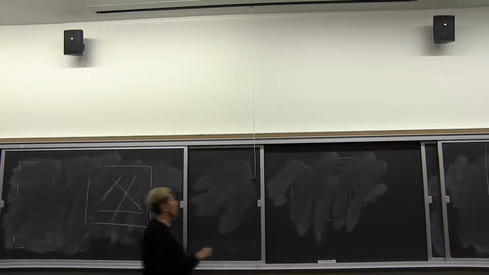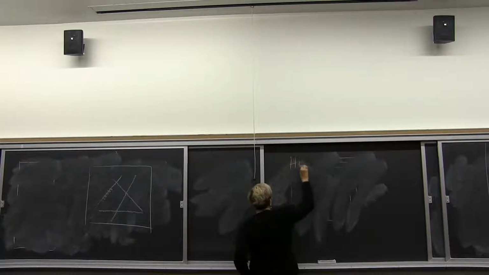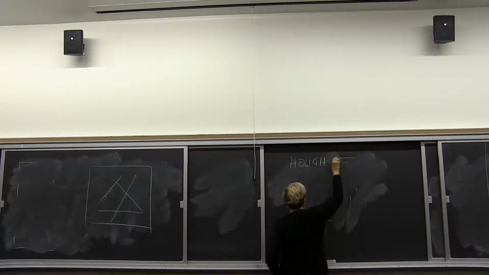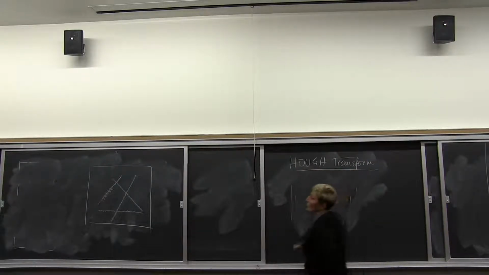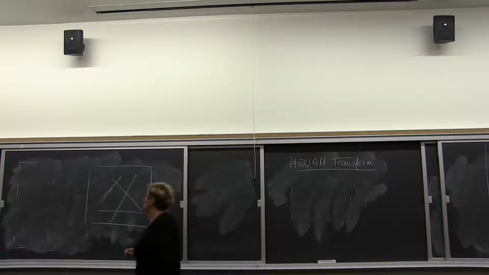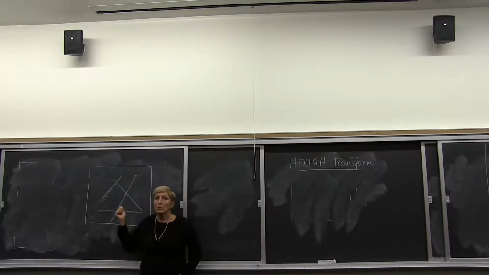There's something called the Hough transform, and what it's going to do is count how many edges agree in an orientation. If I have a lot of edges that agree on one orientation, I will say that all those edges belong to the same line.